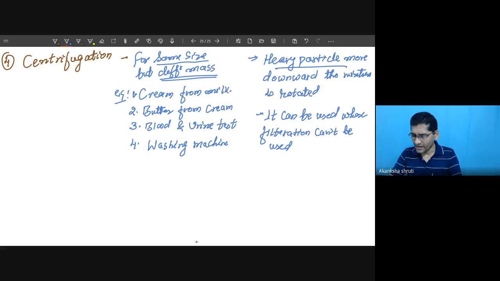Because of the same size, these particles are able to pass through the filter paper, but because of their different mass, they will settle downward while the others will continue to float at same size. That is the main problem. So this is centrifugation. It is a very important technique.